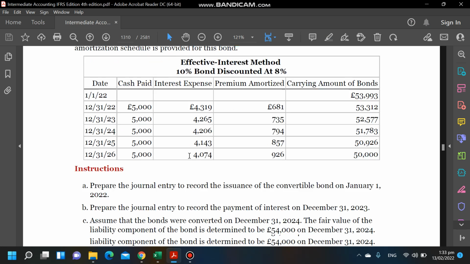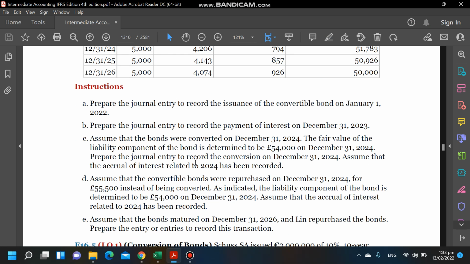And then D, assume that the convertible bonds were repurchased on December 31st, 2024 for 55,500 instead of being converted. As indicated, the liability component of the bond is determined to be 54,000 on December 31st, 2024. Assume that the accrual of interest related to 2024 has been recorded. So this is a repurchase, so we need to determine whether there's a gain or loss on the repurchase.